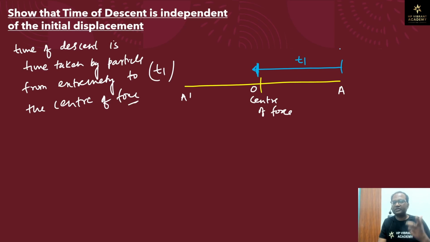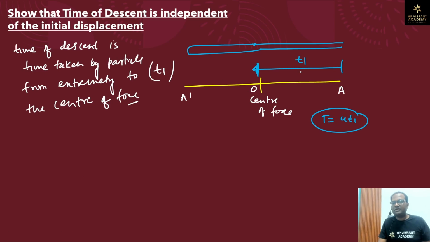The complete oscillation is from A to O, then O to A dash, then A dash to O, and then O to A. This is the complete oscillation of the simple harmonic motion. So the total time period capital T will be 4 times T1. T1 is the time of descent, that is, the time taken by the particle to reach from the extremity to the center of force. So let us find the value of T1.